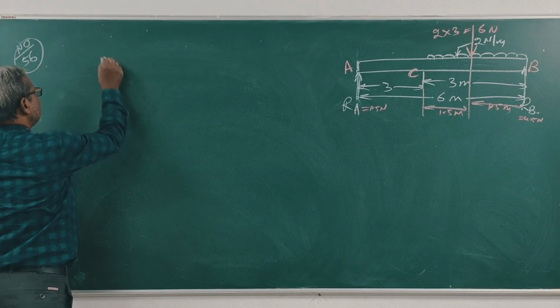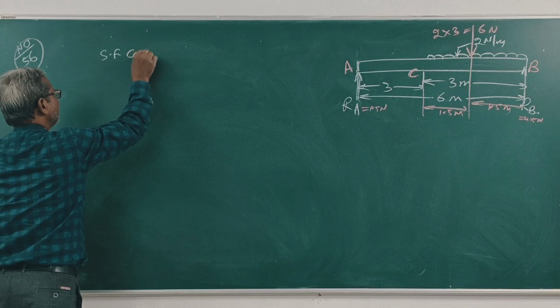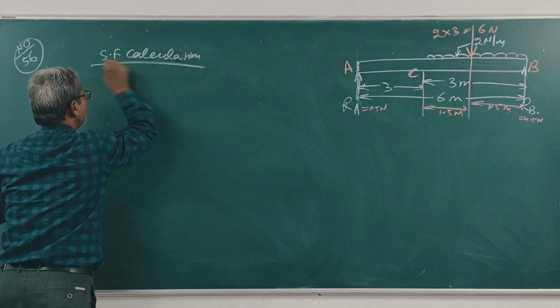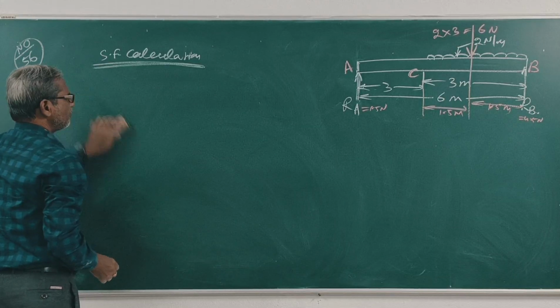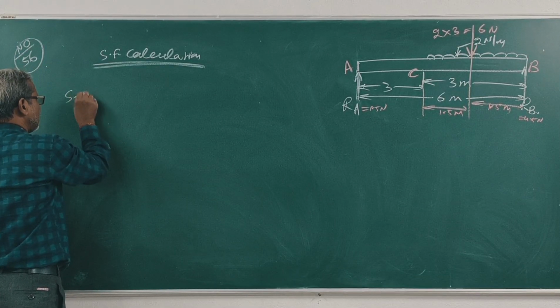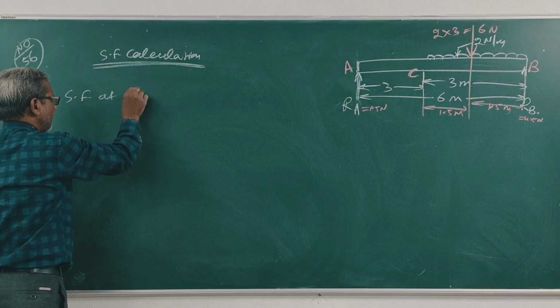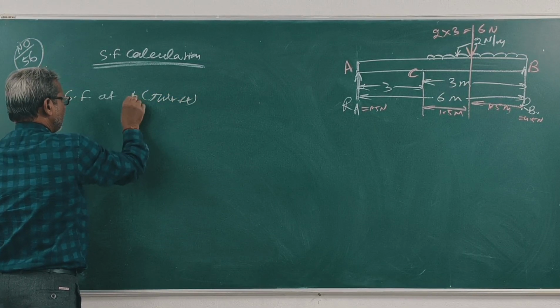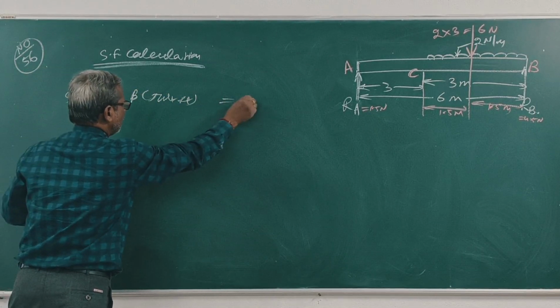Now, shear force calculation. Shear force at B just right is 0.